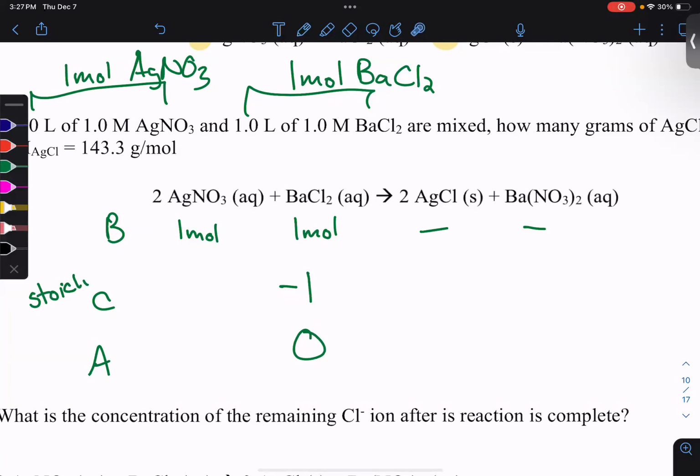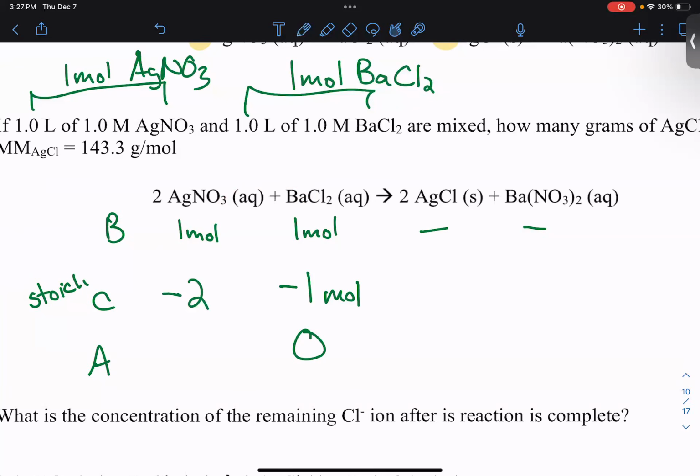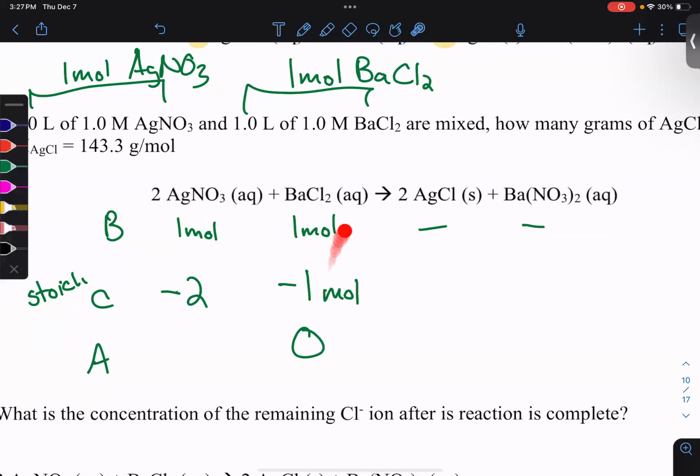So if I consume 1 mole of barium chloride, how many moles of silver nitrate must I also consume? 2. So it's -2. If I consume 1 mole of barium chloride, how much silver chloride do I make? +2. And then barium nitrate, +1. And so when you add them up, you see, oh, the after line is -1.